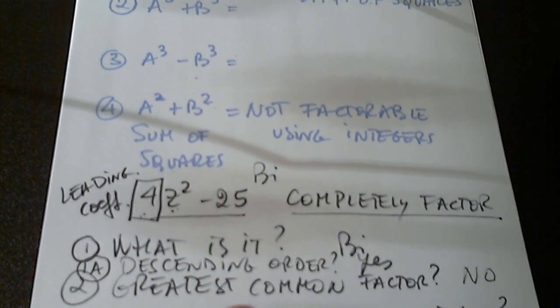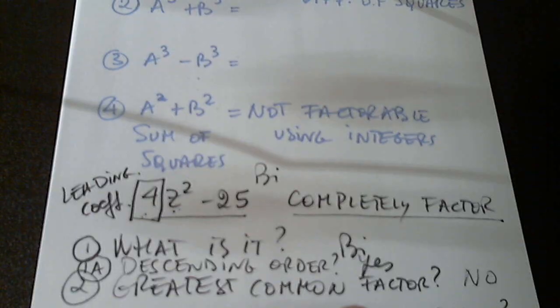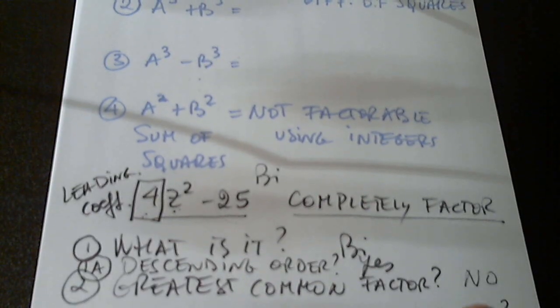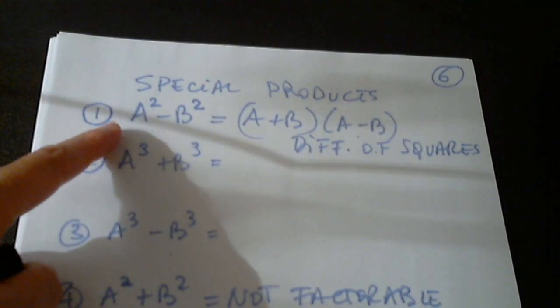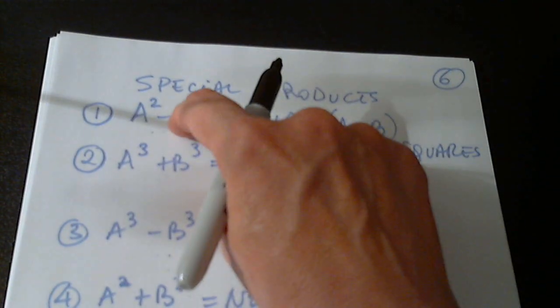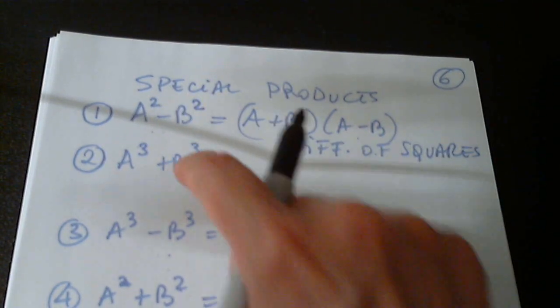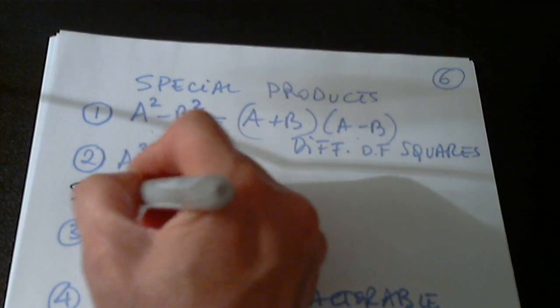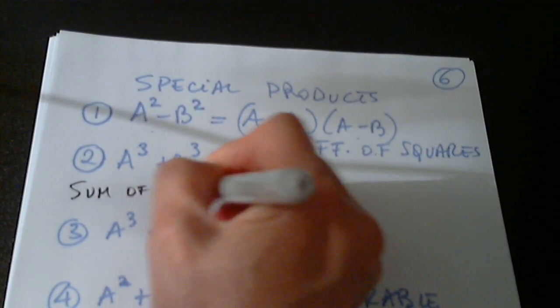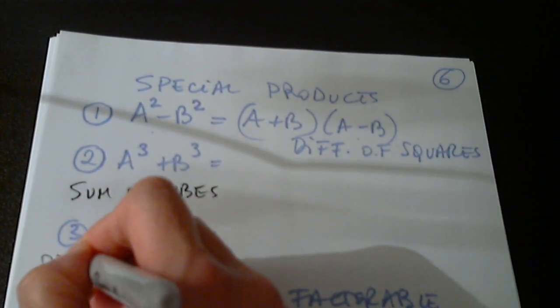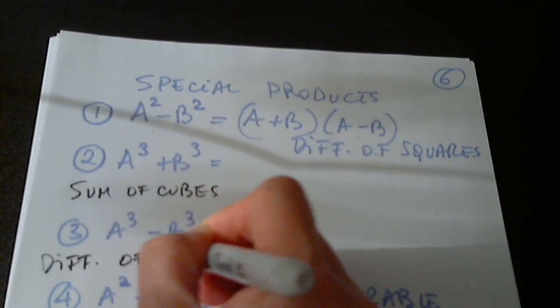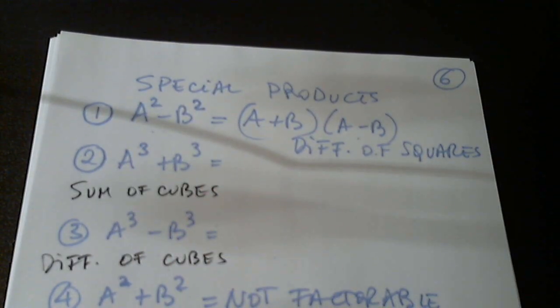Special product. Special products for binomials: difference of squares, sum of cubes, difference of cubes, sum of squares.